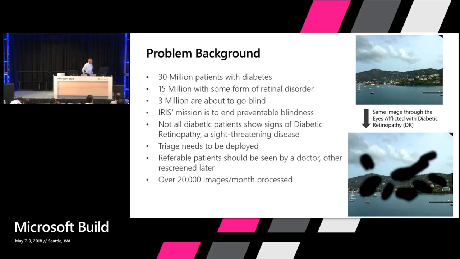So the problem we're tackling is to triage the patient. All our patients are diabetic patients, and we need to triage them. Triaging means that we have to separate observable patients from referable patients, so patients having none or mild DR from those who are in the late stage of DR. We process over 20,000 images per month, and this number will probably double by the end of this year.